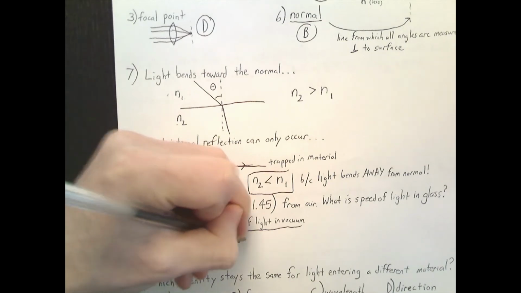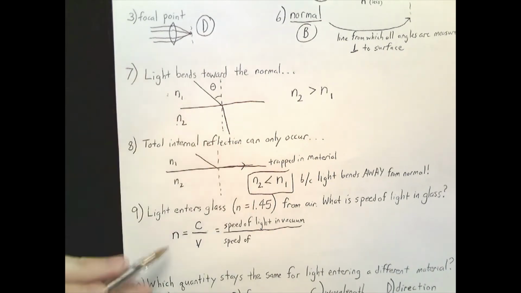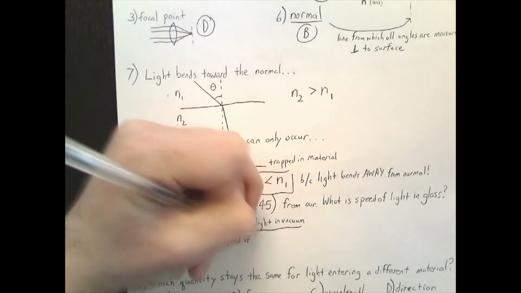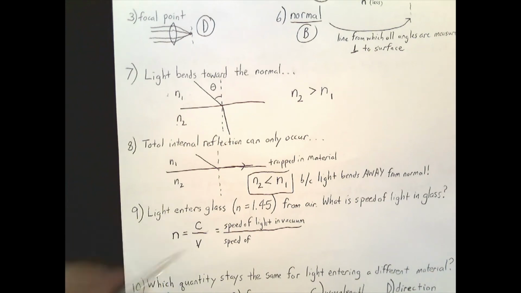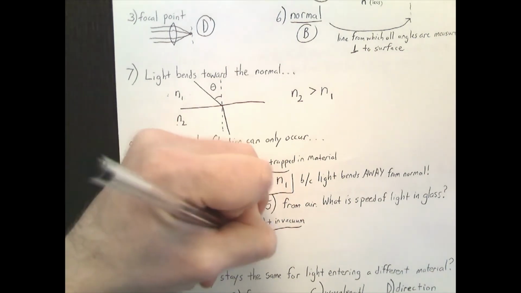So light slows down when it enters a material, and N tells you by how much it slows down. If N is larger and larger, the light speed gets slower and slower in that material.